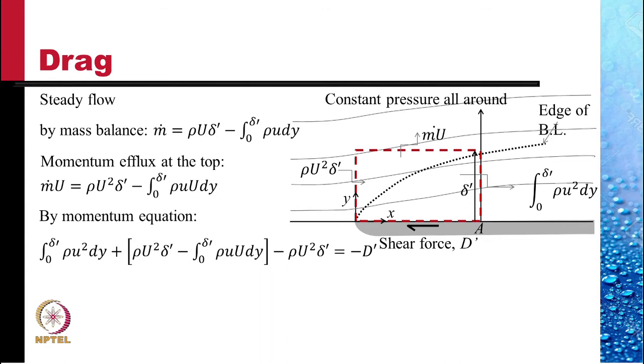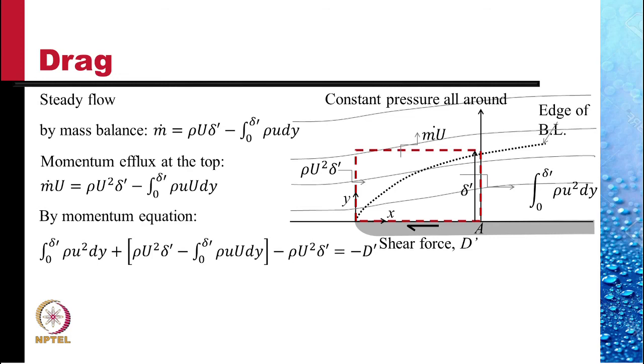And so, by momentum equation, the net efflux of momentum must be the net horizontal force applied on the control volume towards the right. If the drag force on this surface is D prime per unit depth, then this force is minus D prime, because the drag is applied to the left.